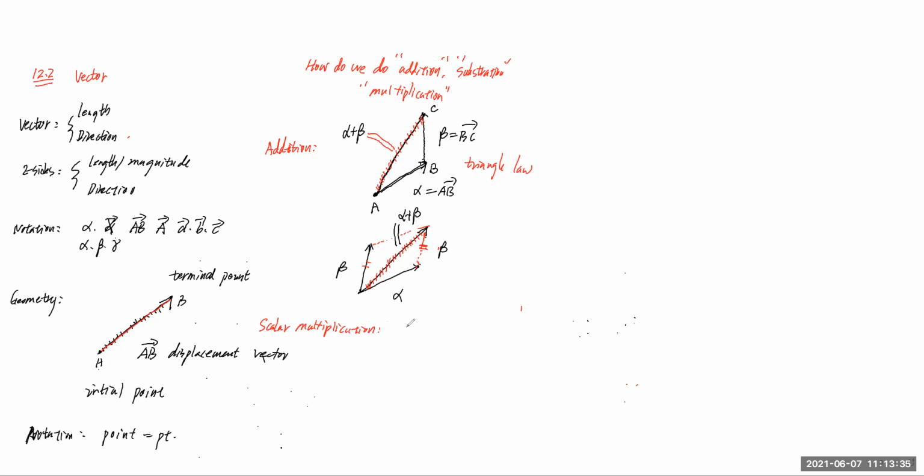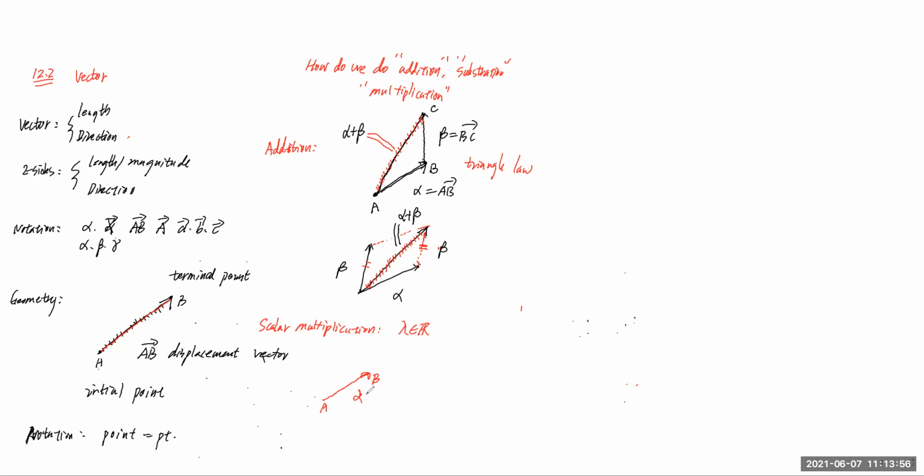If we have an alpha like this, we can say this is A, this is B. And then we have a number, lambda is a number. Alpha is a vector.